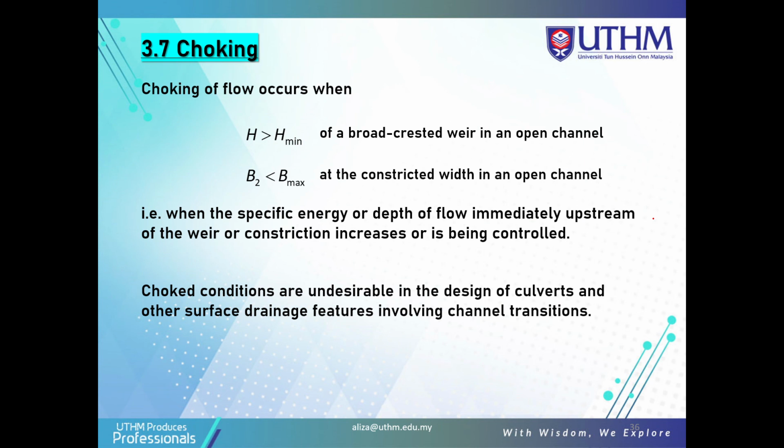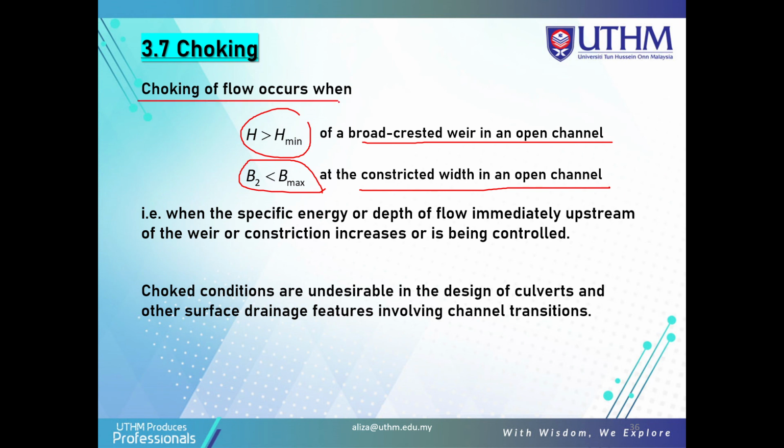Now look at the choking here. Choking of flow occurs when H is more than H minimum of a broad crested weir in an open channel, or when B2 is less than B max at the constricted width in an open channel. So choking of flow occurs in these two cases, based on a broad crested weir and also a constricted open channel.